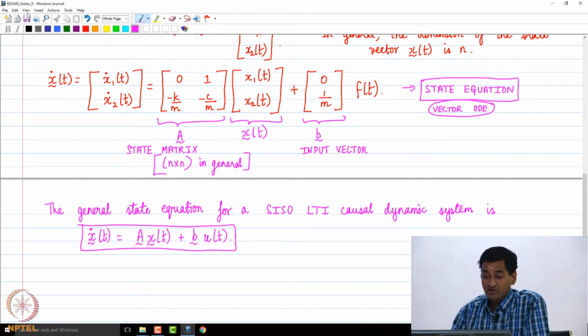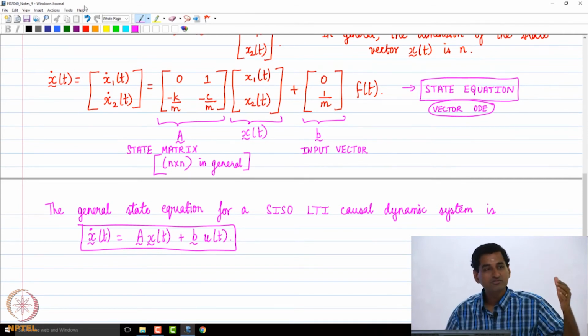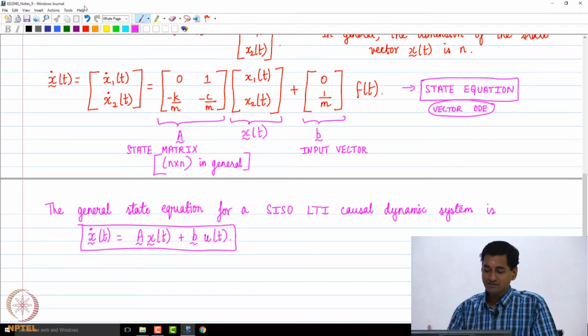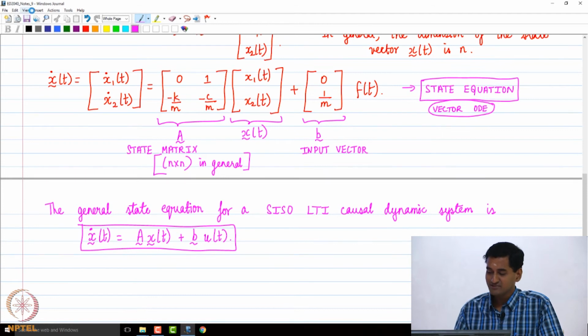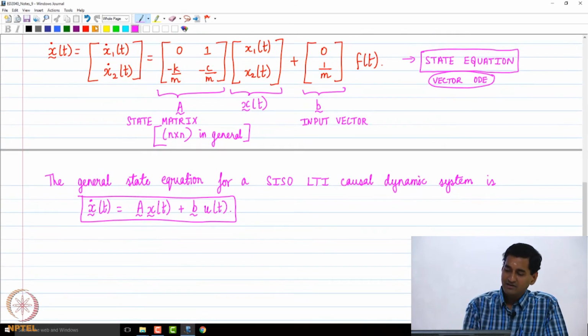But we are not done yet, right, because ultimately our visualization of a system or a plant is an entity to which we give an input and we get an output. We have not even looked at the output yet. So, this is the state equation, this is only the first equation in the state space representation. Now, what is our output in this case? Let us say we call the output y of t.